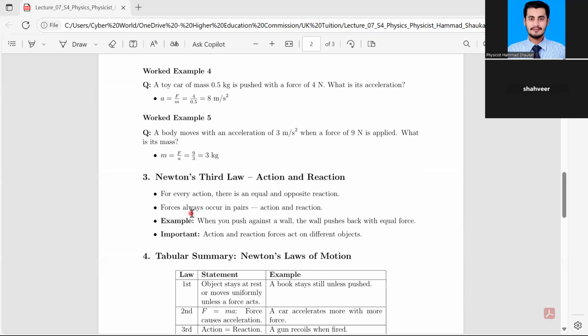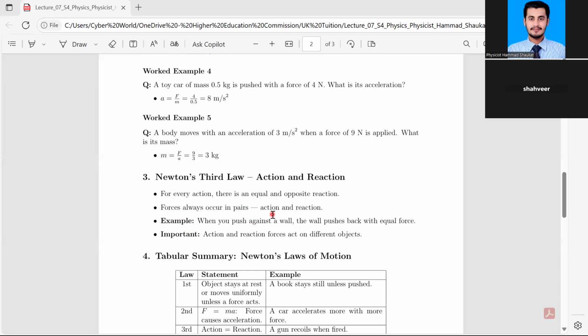So we can also say that forces always occur in pairs. Forces never occur single. How in pairs? Because whenever you apply some force to a body, that body also applies some force to you. And when you are applying some force, this is called the action.